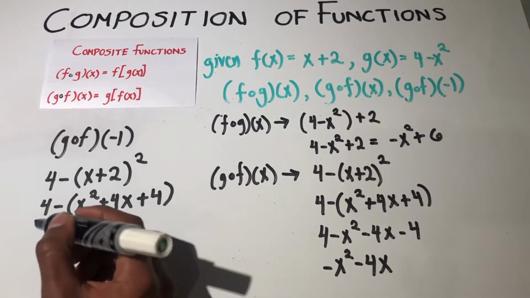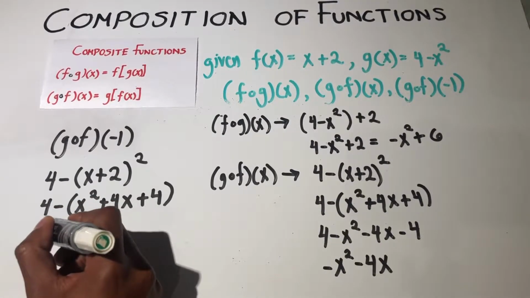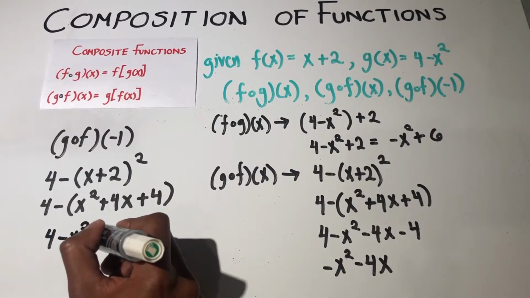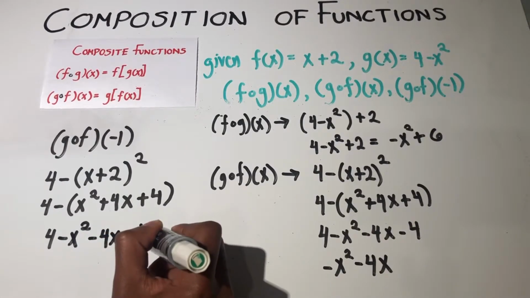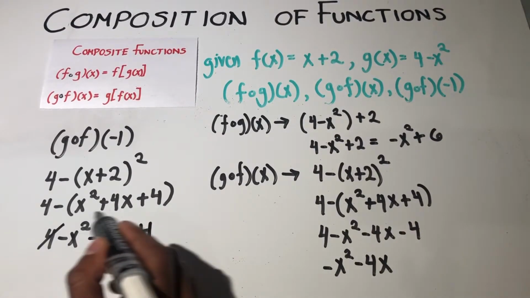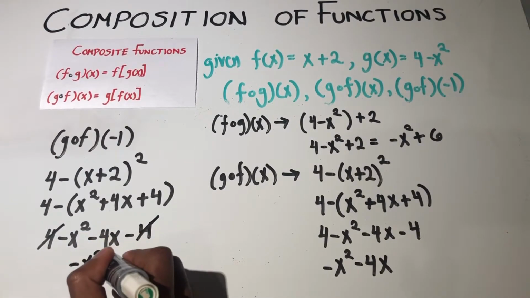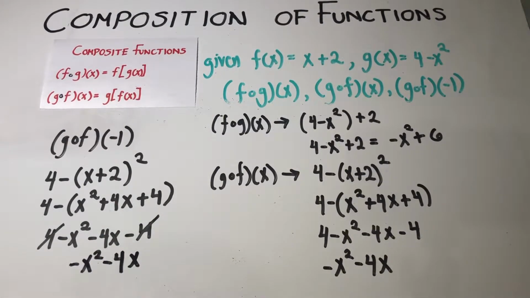But I'd rather just get to the most simplified form and then see what the value is. So 4 minus x squared minus 4x minus 4. And then the 4's are just going to cancel, and then we're left with negative x squared minus 4x. And then let's not forget -1.